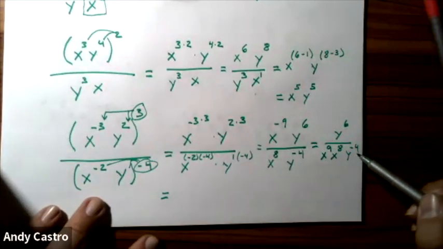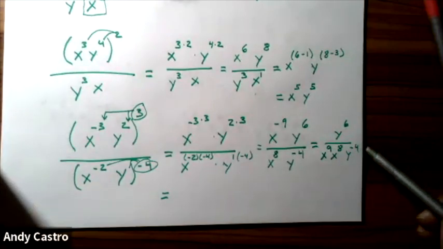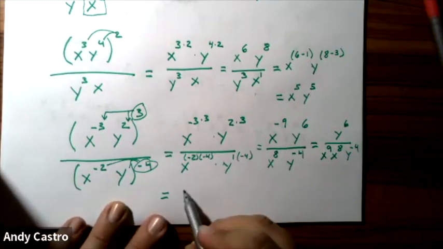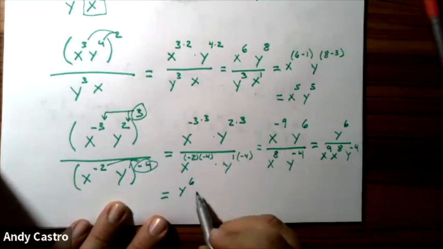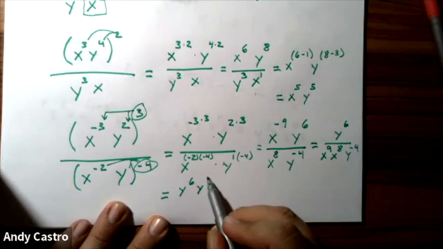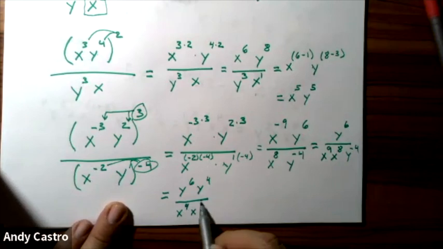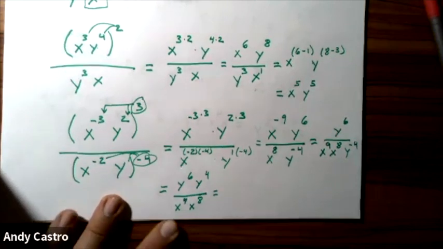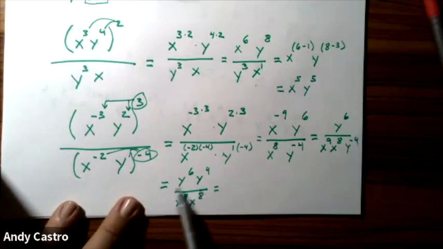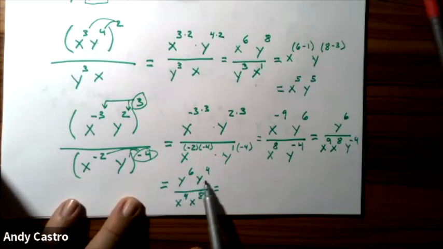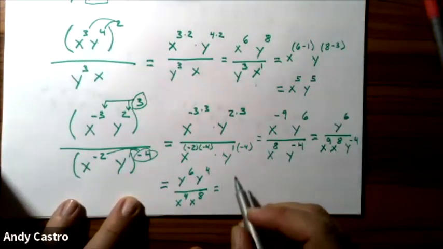That y to the negative 4, since it has a negative exponent, I can move it to the top. So I have y to the 6th, y to the 4th, over x to the 9th, x to the 8th. So equal bases, I multiply together with different exponents.